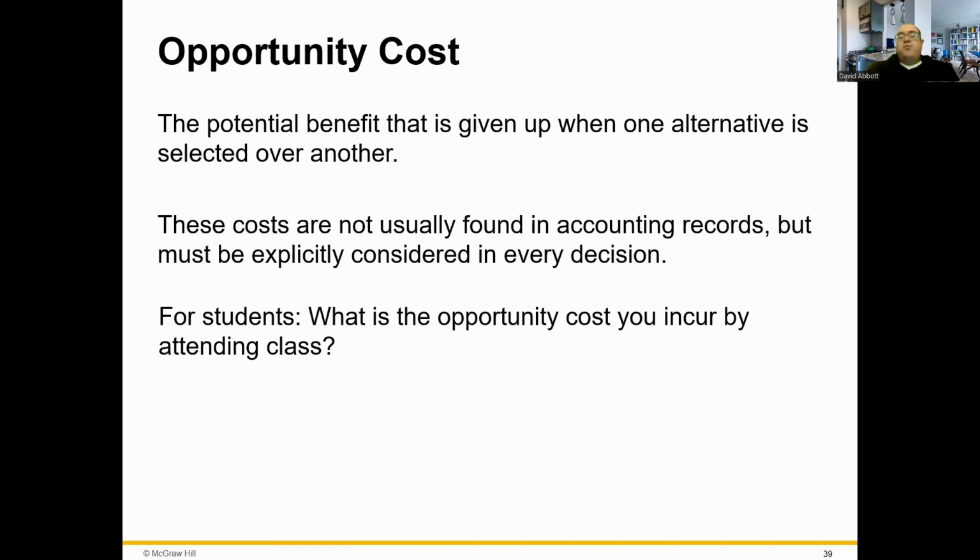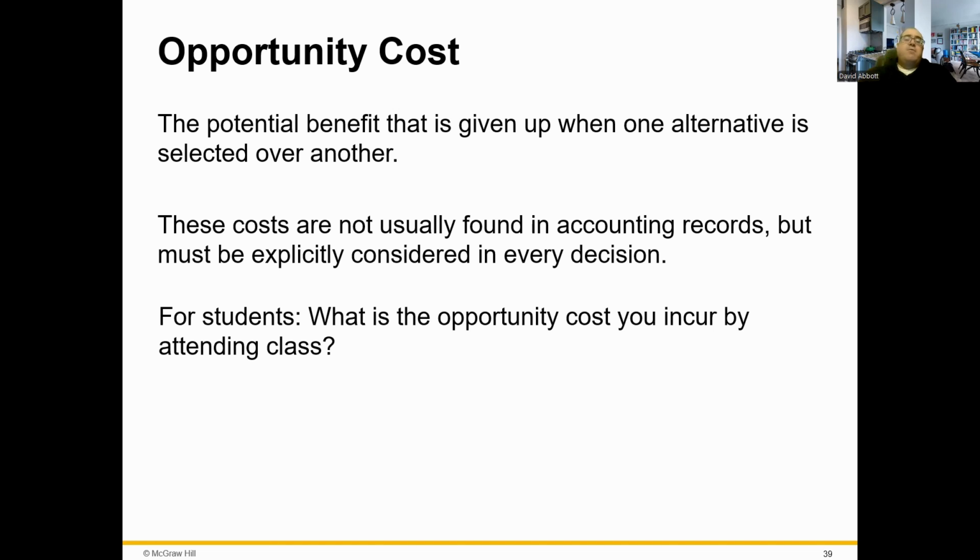But what would be some opportunity costs for you attending class? For you deciding to go to college, or for you deciding to take this time right now to do your schoolwork, since this is an online course? Well, the opportunity cost of you attending school, maybe you're not able to work because you're using your time to go to school, right?